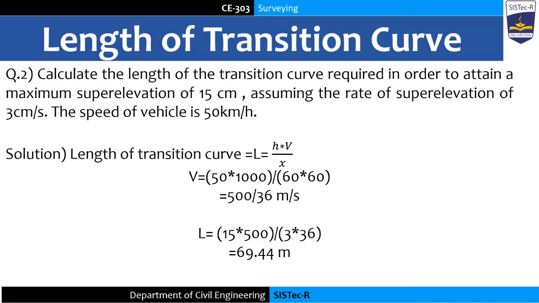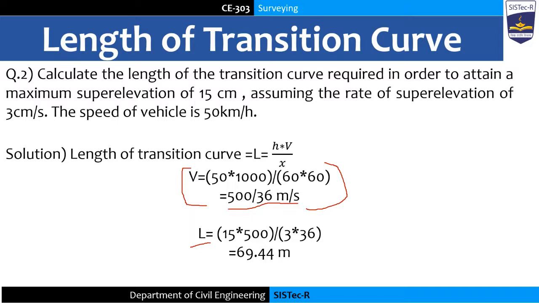In this step we have converted the speed from kilometer per hour to meter per second. In meter per second I got the speed as 500 upon 36 meter per second.